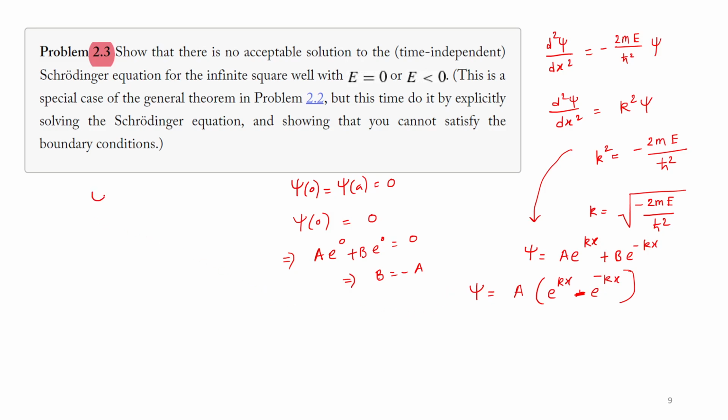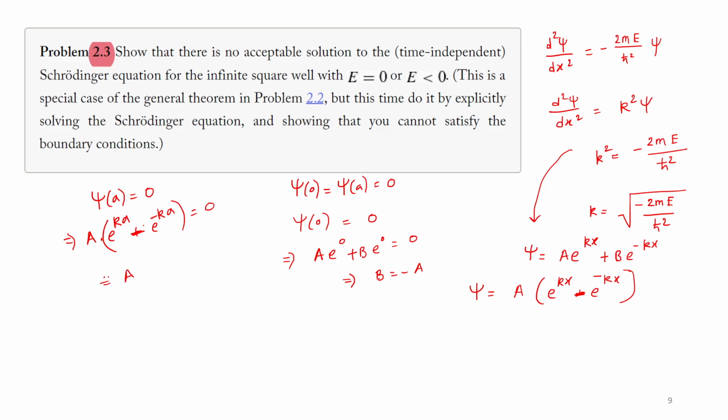Now psi of a is equal to 0, it is also given, right? So it will be A into e to the power kappa a, and minus A e to the power minus kappa a, that is equal to 0.